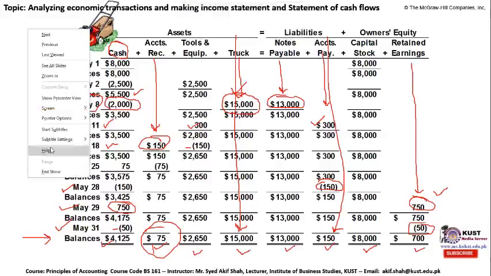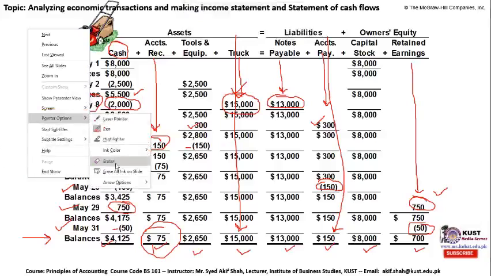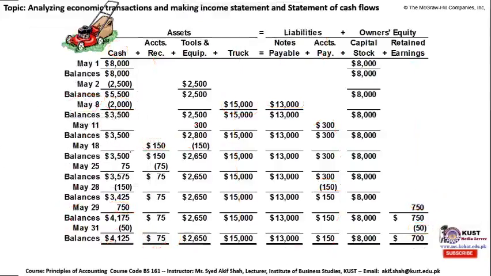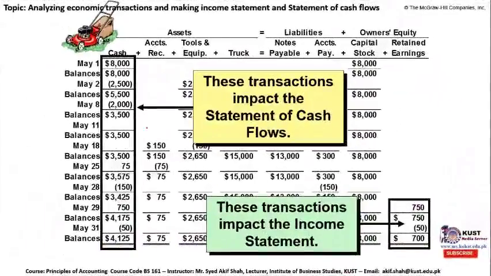Let me remove all these pointers and ink. So dear students, this first column pertains to the cash column. Starting from May 1 and ending at May 31, we have different kinds of transactions. These transactions impact the cash either as an inflow or outflow.